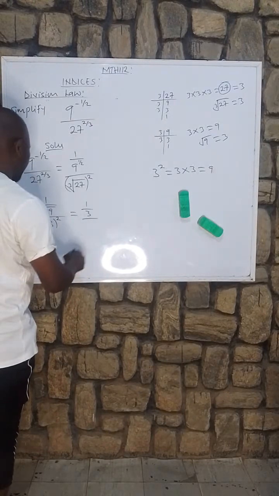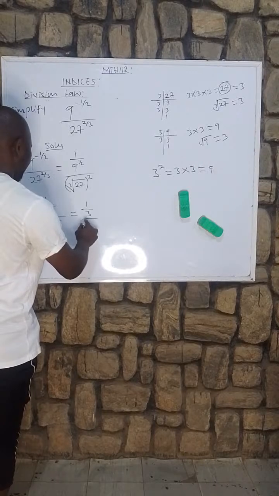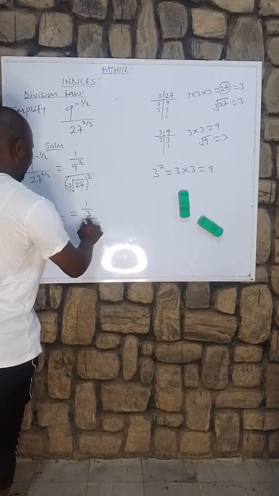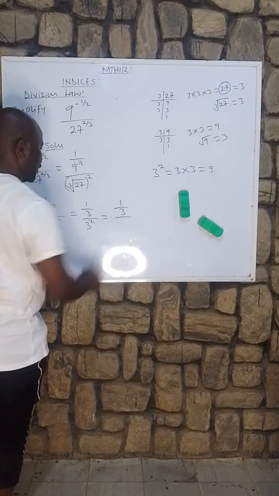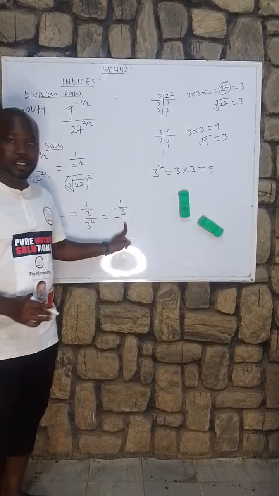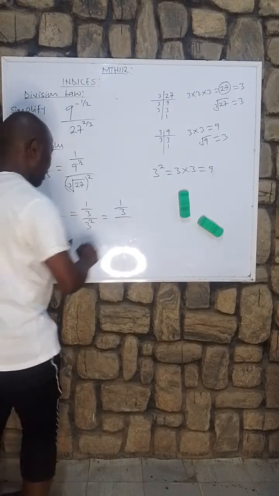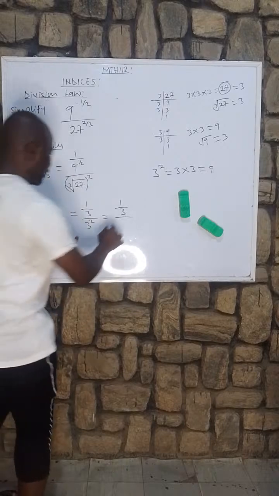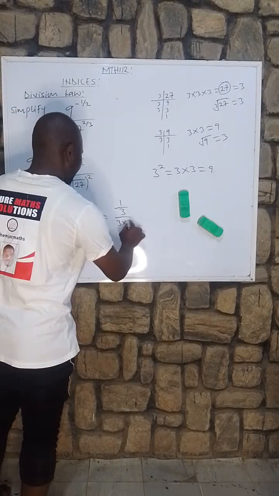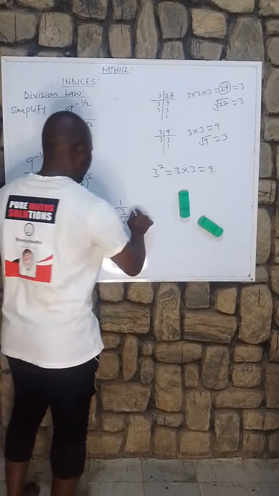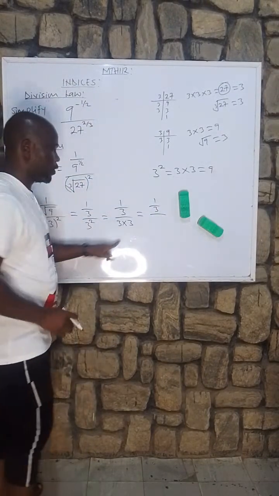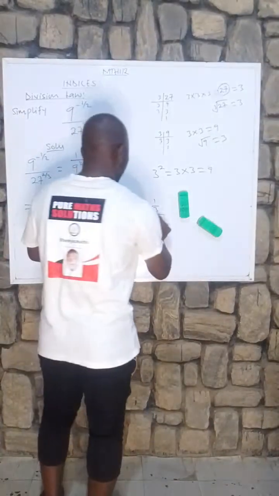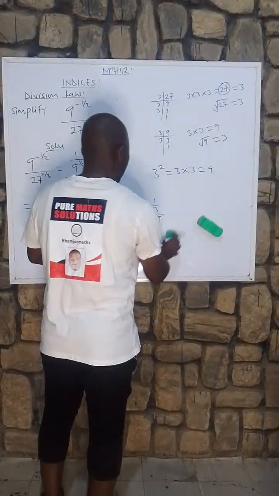So you can now see that we have 3 raised to the powers of 2. Then this is the same as 1 all over 3. Let me break it down for the sake of variance. Is that clear? Okay, so this is the same thing as 3 times 3. So this will be equals to 1 all over 3 all over 3 times 3 will give us 9. Are you following?